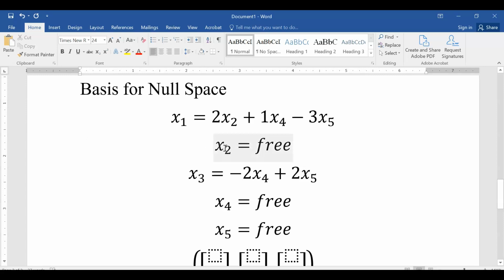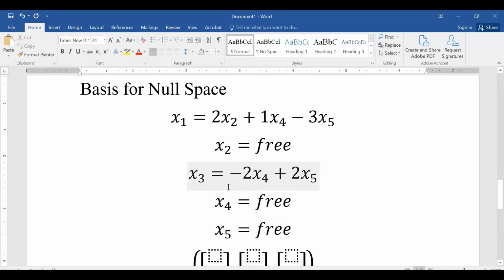So I put x2 is equal to 1, and x4 is equal to 0, x5 is equal to 0. That'll represent one vector, and then I let x2 be 0, and x4 be 1, and x5 be 0. That'll represent my second vector, and then my third vector I get when x2 is 0, x4 is 0, and x5 is 1. We've done that enough. I hope that makes sense.